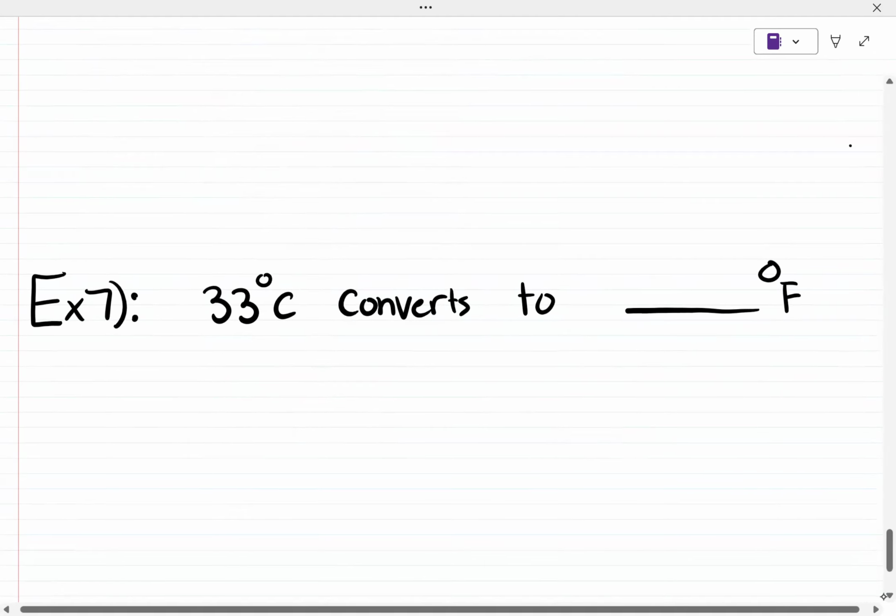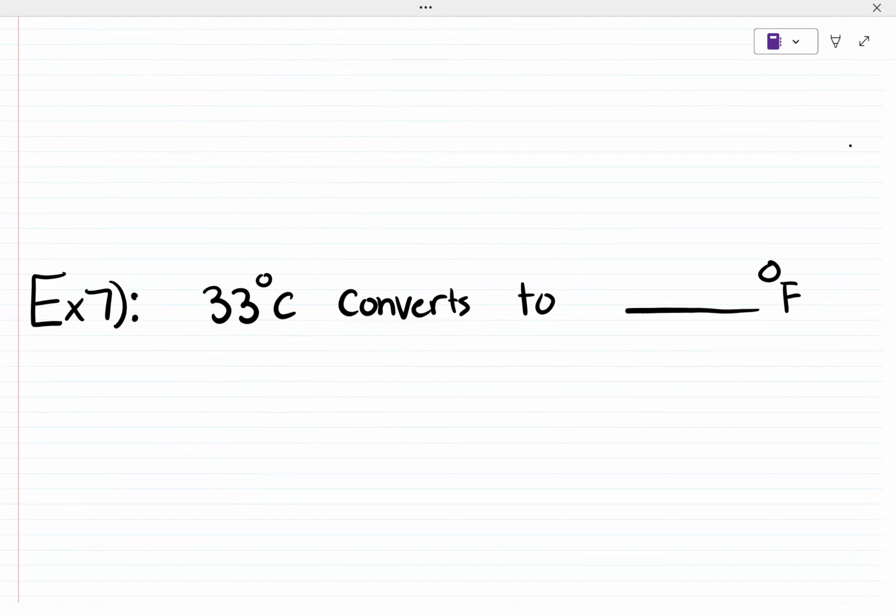Example seven, we have 33 degrees Celsius and we have to convert it to Fahrenheit. So we're going to use rule two. Degrees Fahrenheit equals degrees Celsius times 1.8 plus 32.